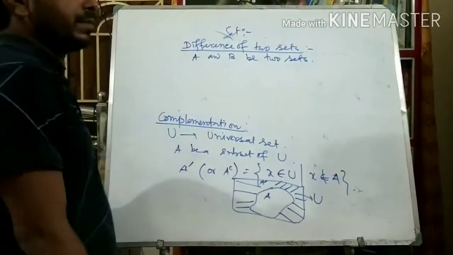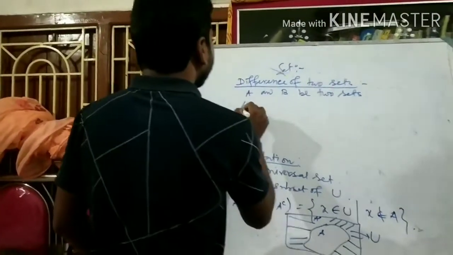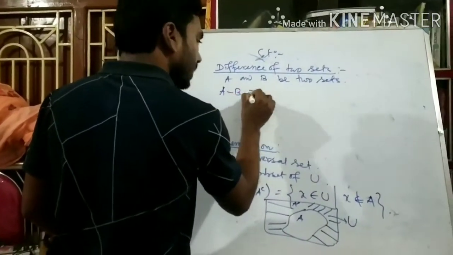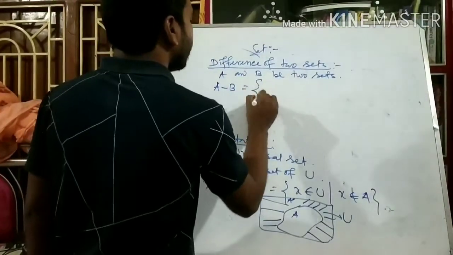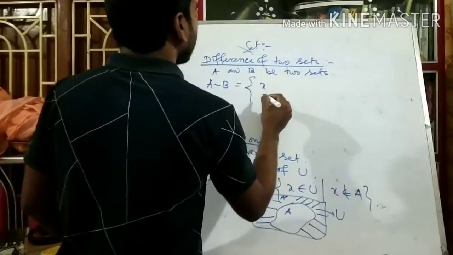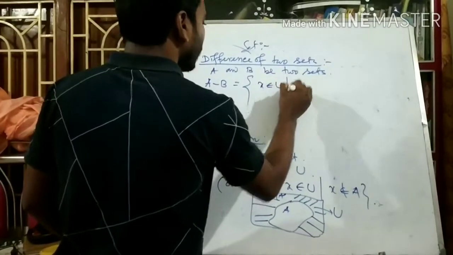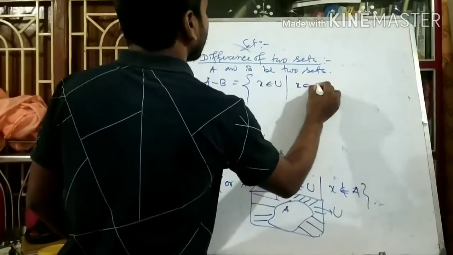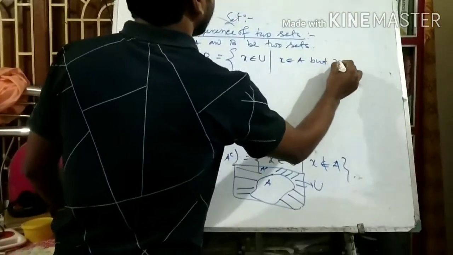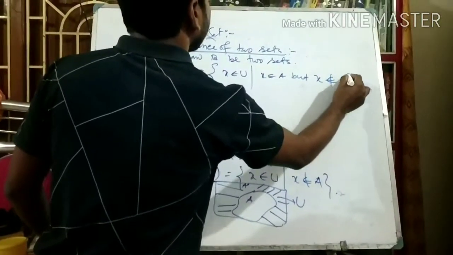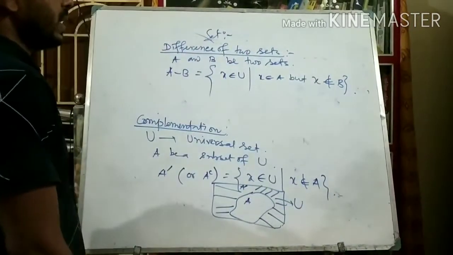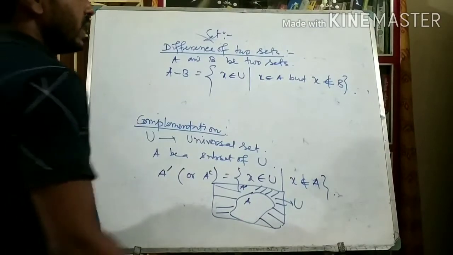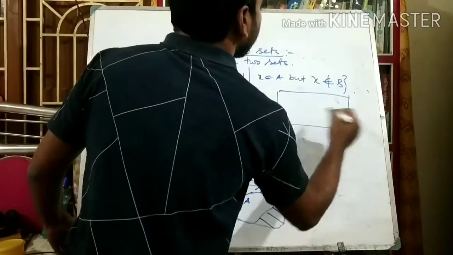Then A difference B is defined as X belongs to U such that X belongs to A, but X does not belong to B. It can be seen in this way.